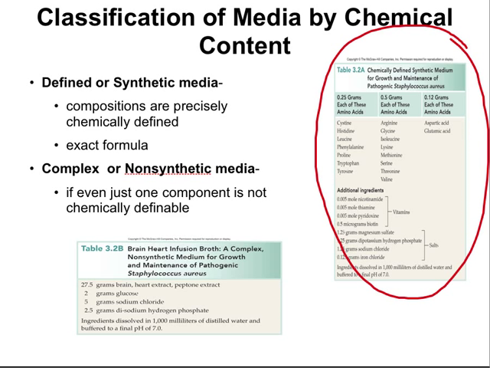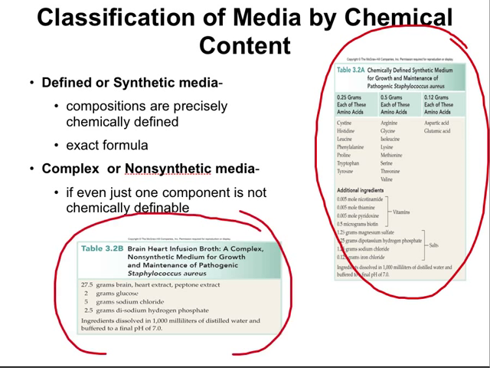Now, if we are not aware of the composition of one component, it's not chemically definable, and thus we'll call it non-synthetic media or complex media. In complex media or non-synthetic media, we have a much less rigorous formulation. You can see in table 3.2b the type of recipe that we see for a complex or non-synthetic media.